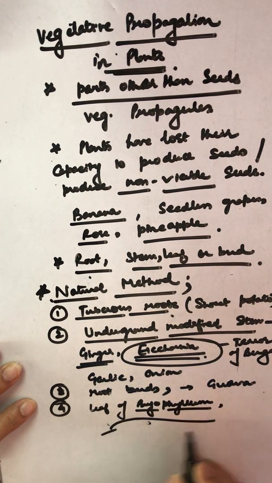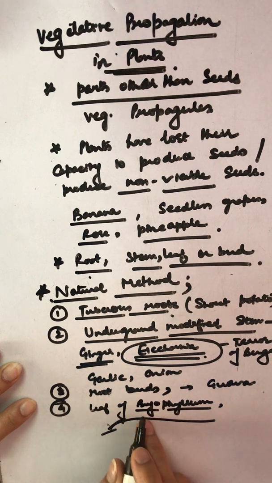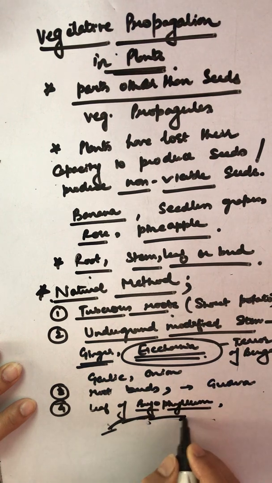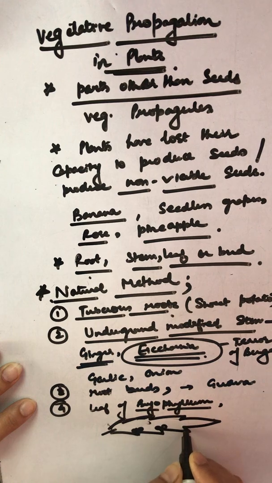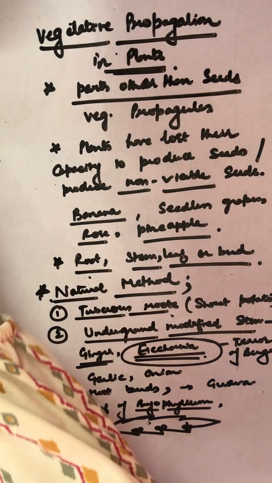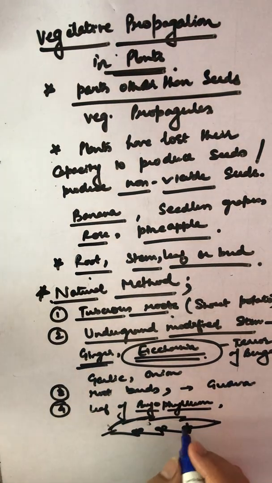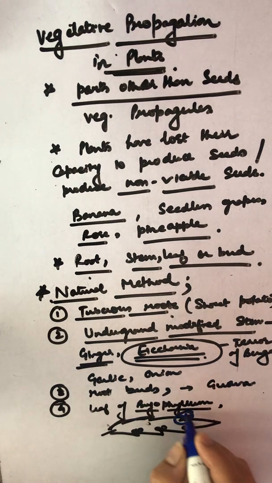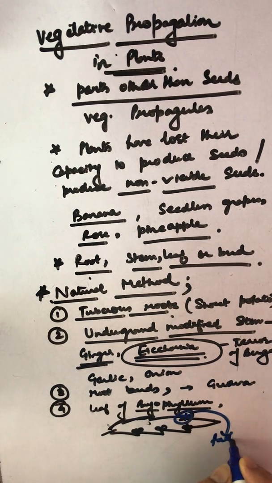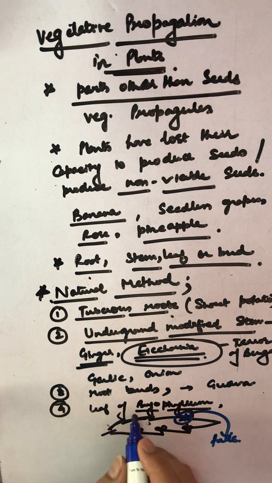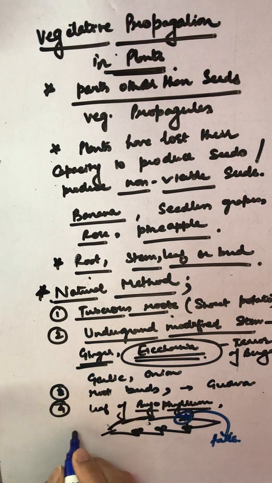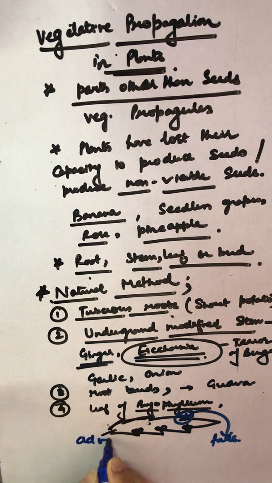This leaf develops notches and each notch bears a bud. You know what happens whenever this bud fully grows, it falls on the ground and develops into a new plant. So we say plants like the leaf of Bryophyllum, these are adventitious buds.